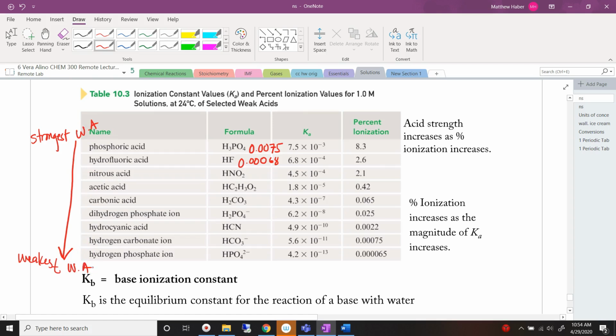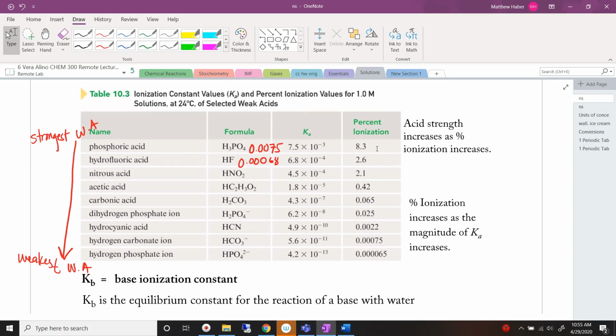Okay. Now, in the last column, you will see percent ionization. You can see that it's by percentage. This is actually derived from Ka, and we're not going to get to the calculation because it is beyond your scope of learning. But what I want to show you here is the percent ionization and what that means.